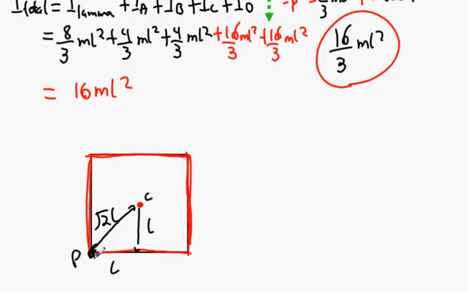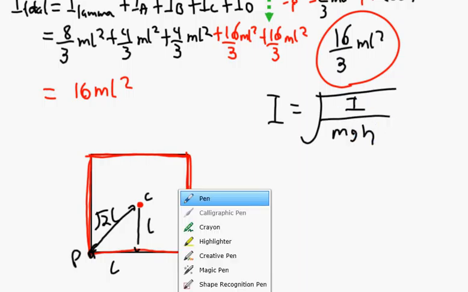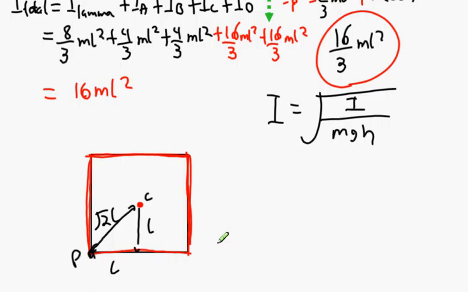Now, T ends up being 2 pi root I over mgh. Just for everybody from now on, please specify m before you decide to enter anything into the formula.